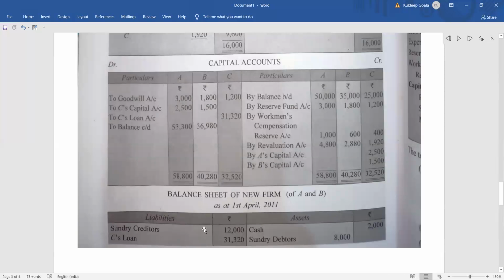The capital balance you don't need to work out in the balance sheet. The new capital balance is in the capital account itself. So in the capital account, you can see A has a balance of 53,300 and B has 36,980 rupees.